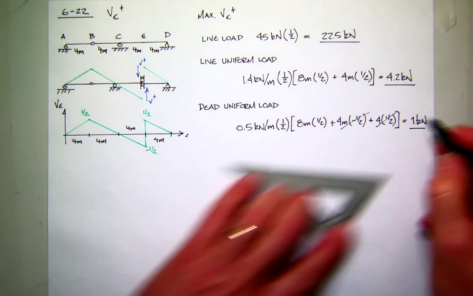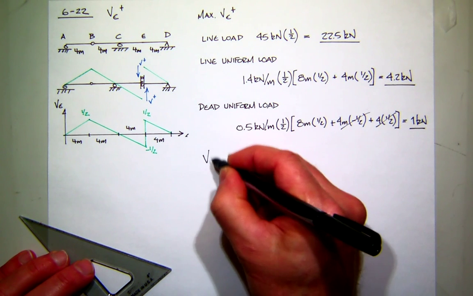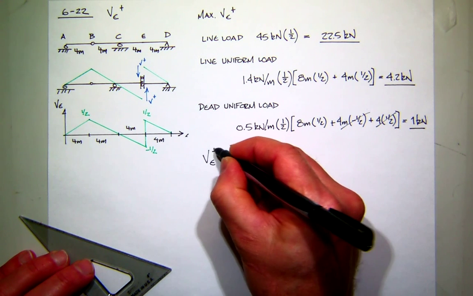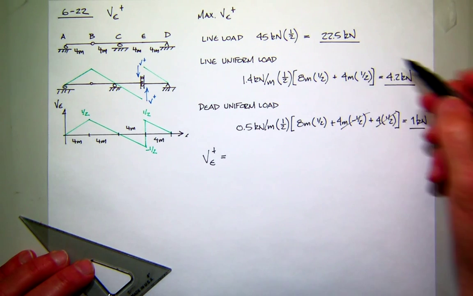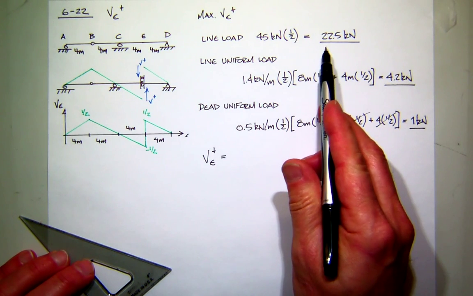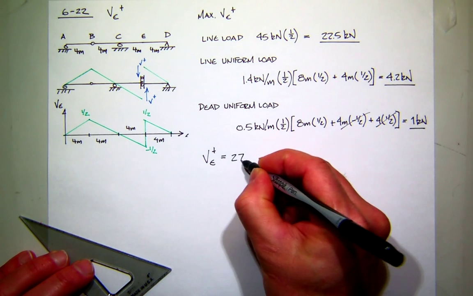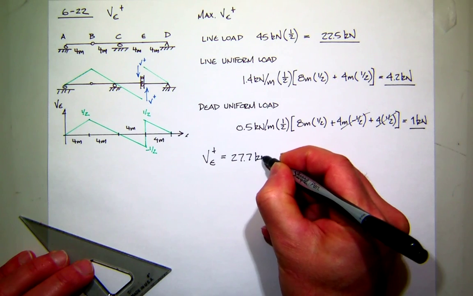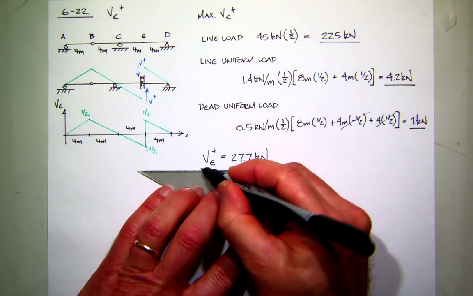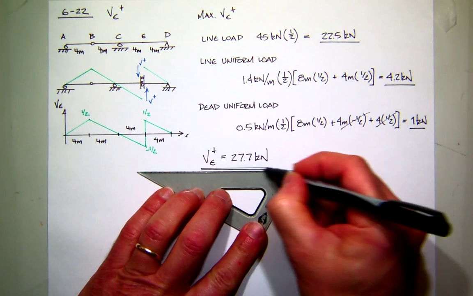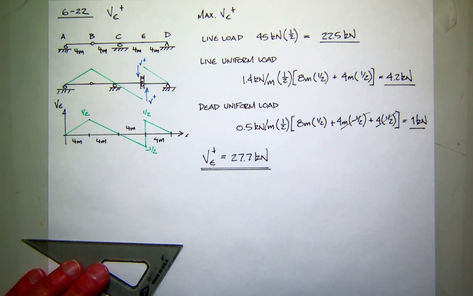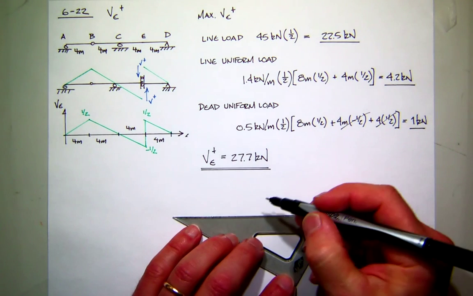So the total would be the sum of all those. So my maximum shear at E would be all this stuff. So what is that? 27.7? Does that look right? Did I do the addition correctly? So what would that load scenario look like?